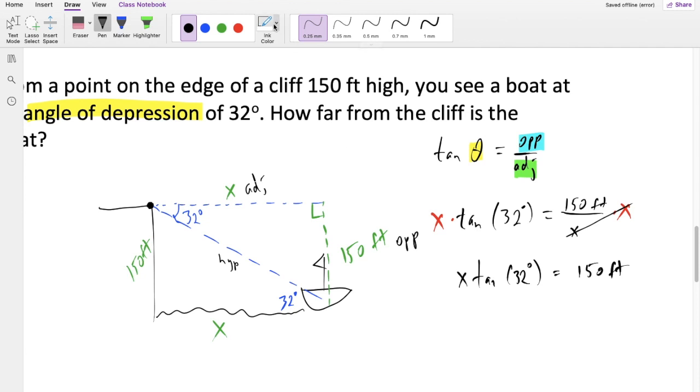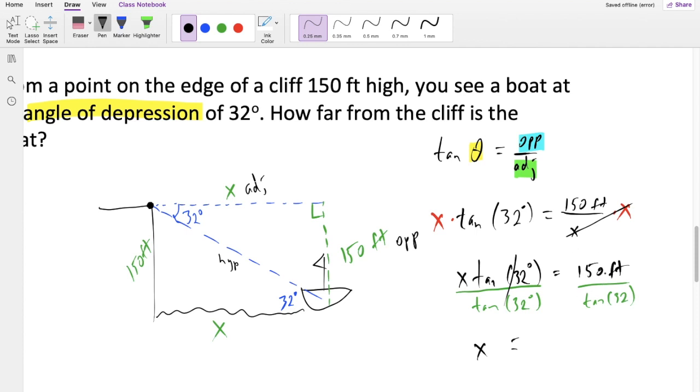So the last thing, again, I'm solving for that x, and it's being multiplied by something, so that means the opposite of multiplication is division. So I'm going to divide both sides by this tangent of 32. So the left side cancels, and the right side is just something you are going to be putting into your calculator at this point.